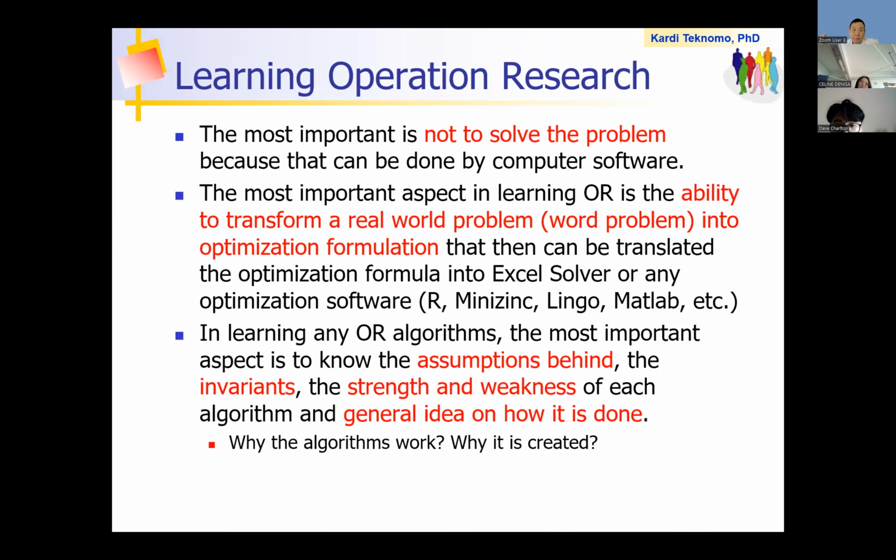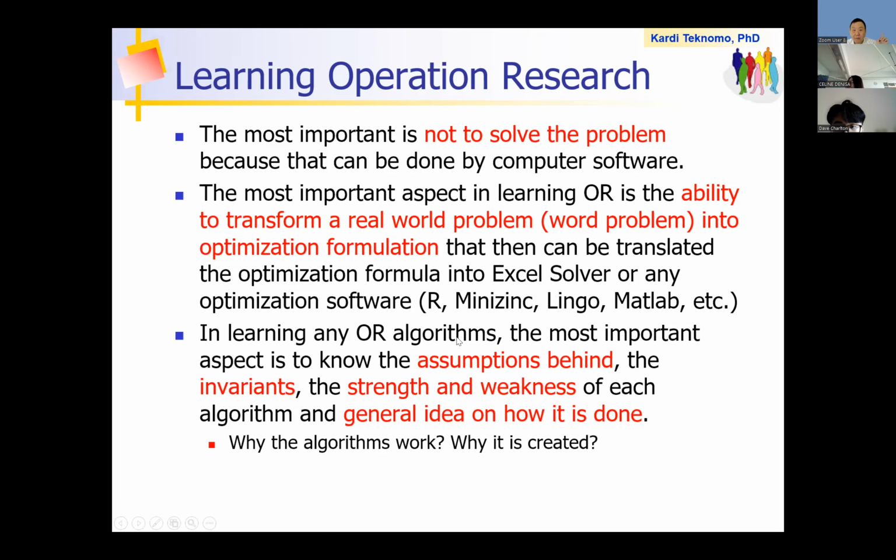The most important aspect of learning OR is the ability to transform real-world problems into an optimization formula. Once you can transform the real-world problem into an optimization formula, then you can put that into software, for example Excel Solver, R, Minisync, Lingo, MATLAB, and so on.